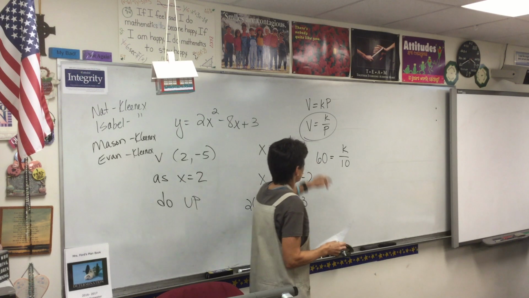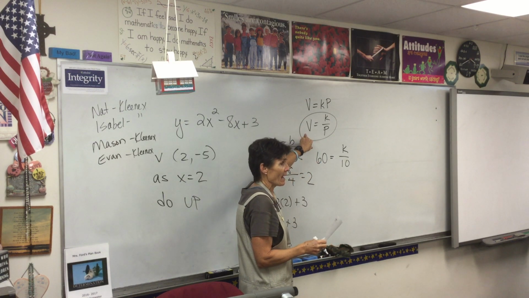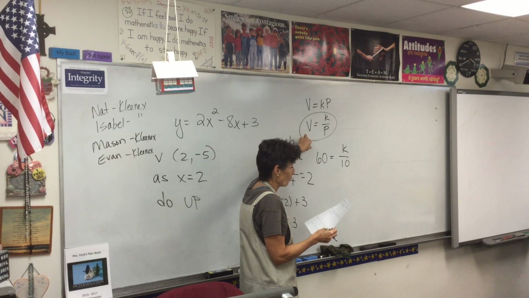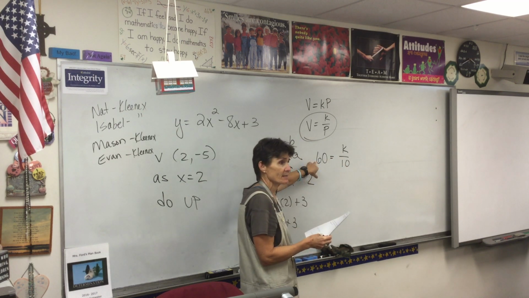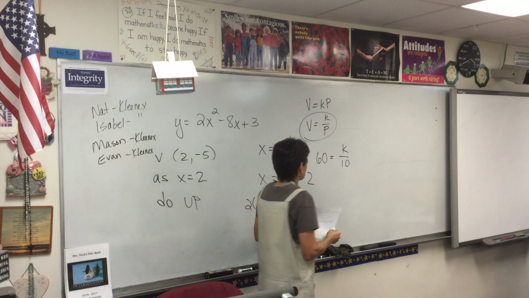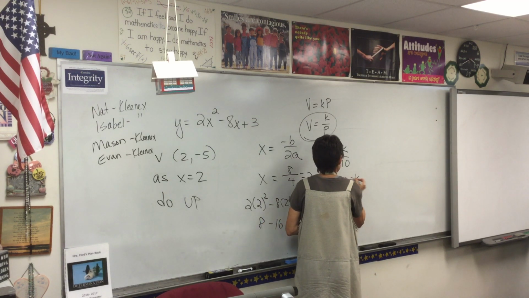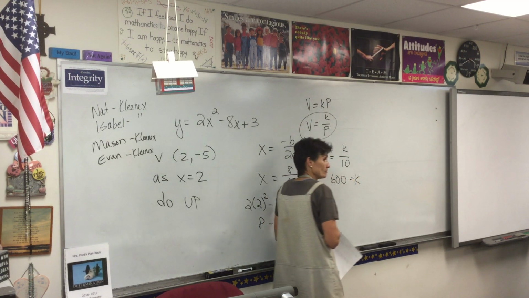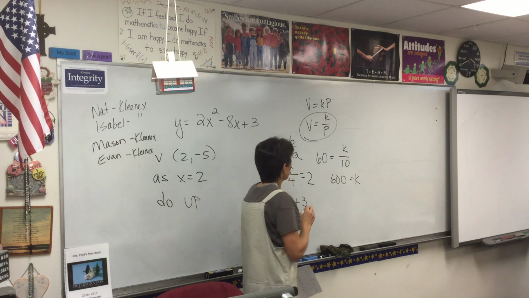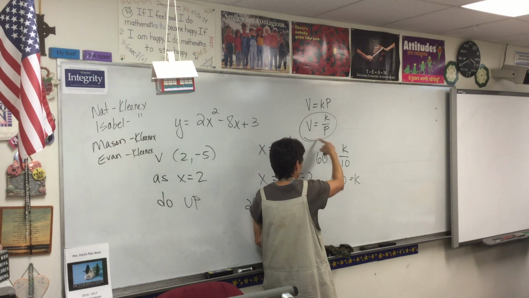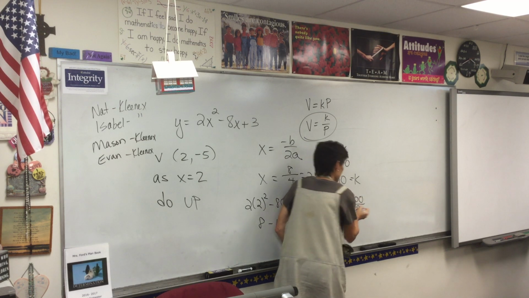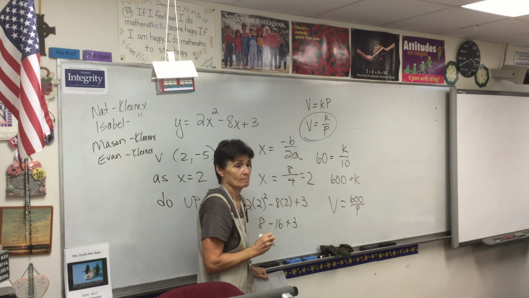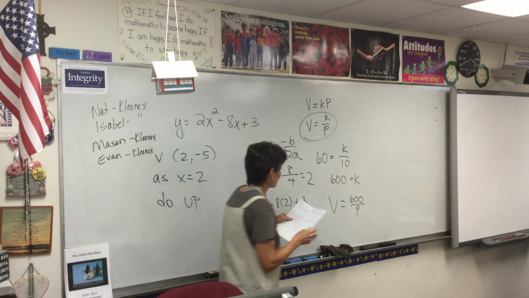So this is my format, and then it says when the pressure is 10, the volume is 60. So K equals 600, which means my formula is V equals 600 over P. So then I can answer the question.